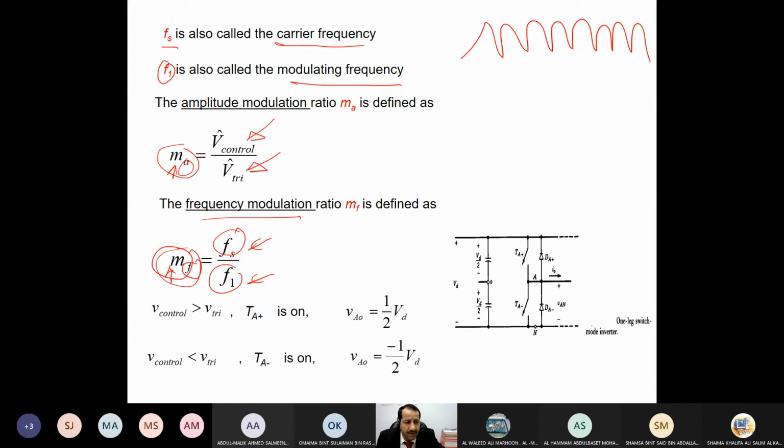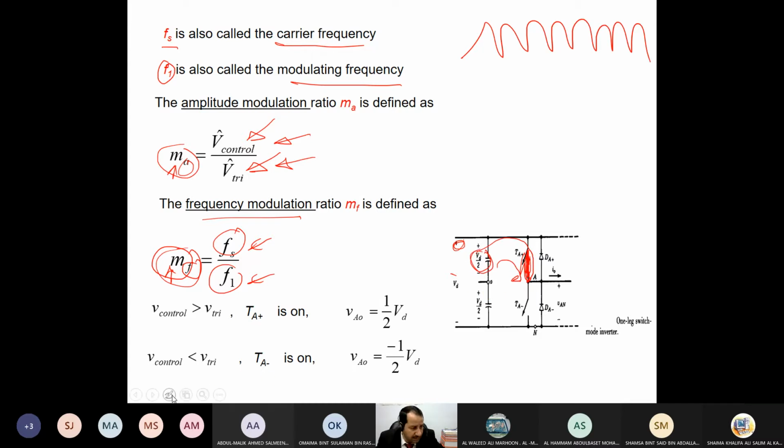Now, when V control is greater than V triangle, then TA will be positive and will conduct. So this voltage, which is VD over 2, will appear here.